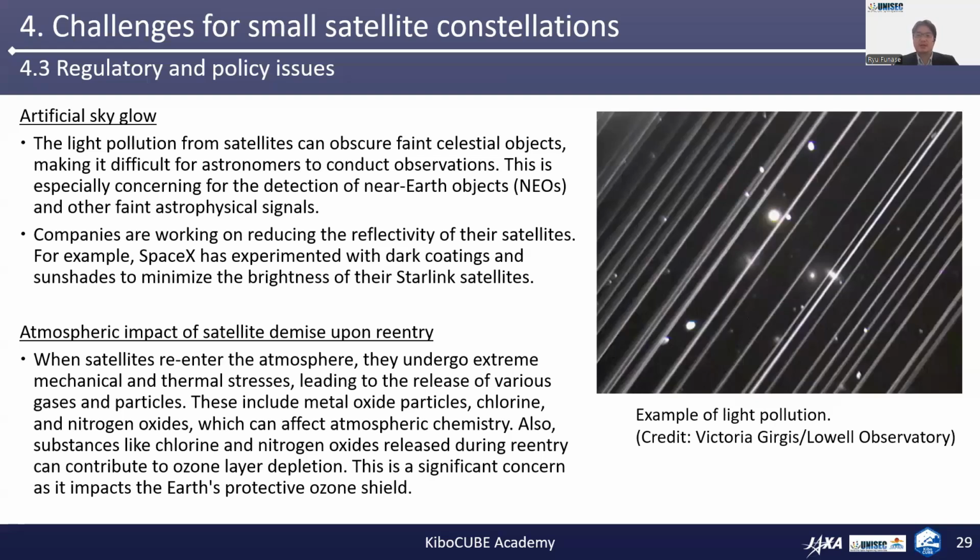These include metal oxide particles, chlorine, and nitrogen oxides, which can affect atmospheric chemistry. Also, substances like chlorine and nitrogen oxides released during re-entry can contribute to ozone layer depletion. This is a significant concern as it impacts the Earth's protective ozone shield.